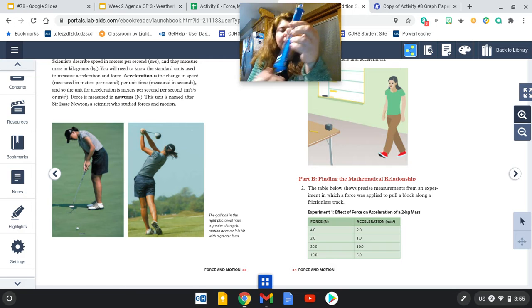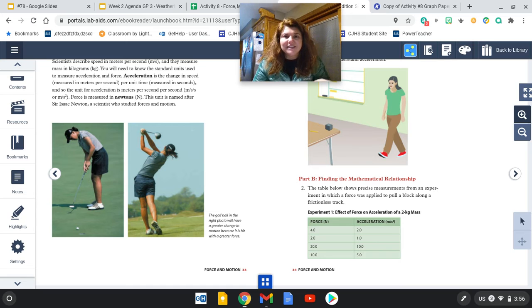So more than likely what they did to gather that information, they'd hook a spring scale to it. They'd use a force to pull it. And whatever force they were pulling it with, they could read it on their spring scale. And then the block would move. And as the block started moving, they found the distance it traveled and how long it took to travel that certain distance.